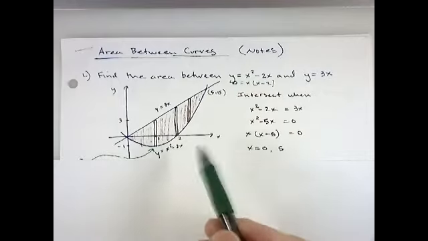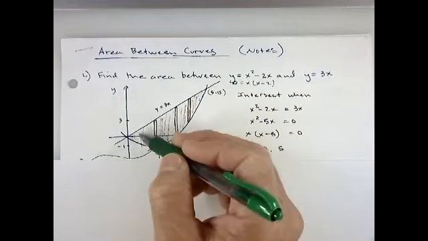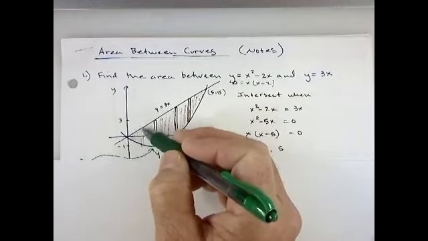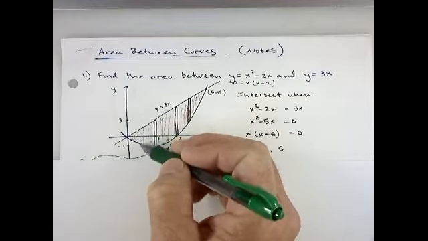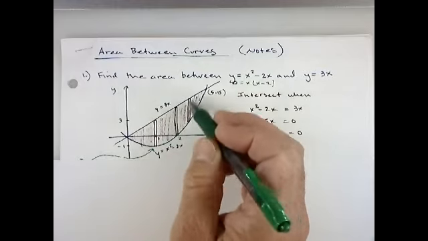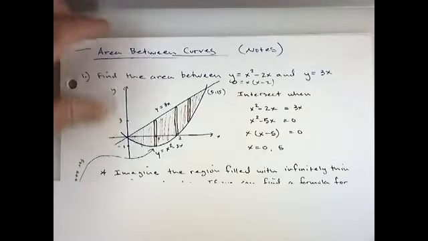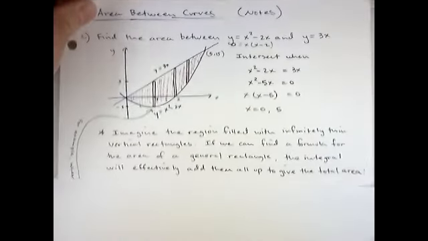Okay, so finding the area between two curves is the same idea where we're imagining rectangles. Previously, though, we just had our rectangles going from the curve to the x-axis, but we're going to fill this whole region up with a bunch of thin vertical rectangles, just like we would do in a Riemann sum. And they're infinitely thin.